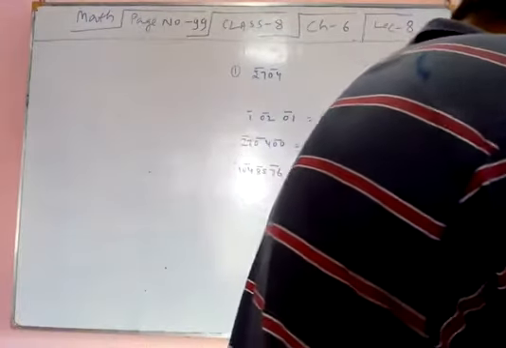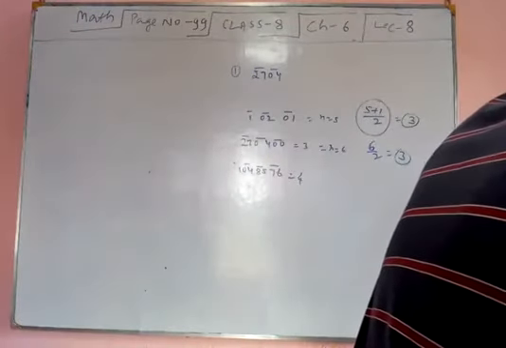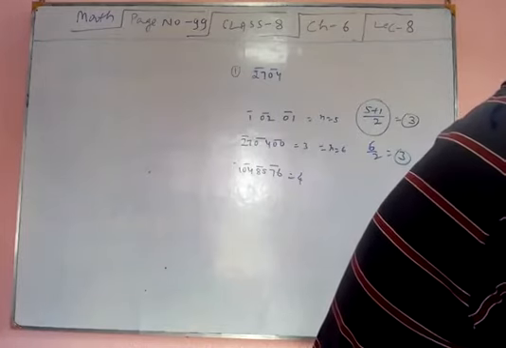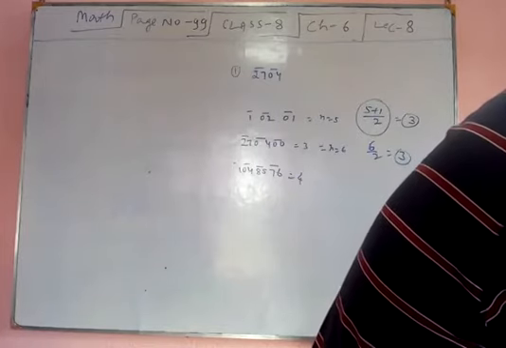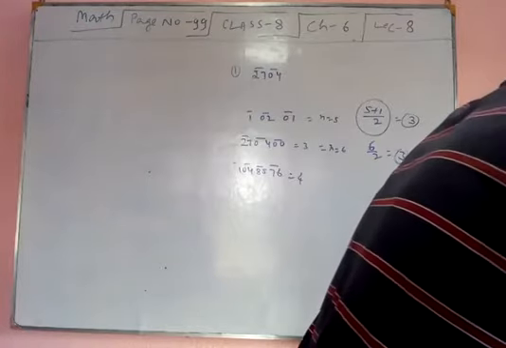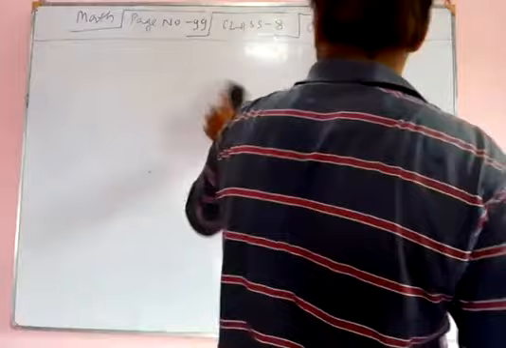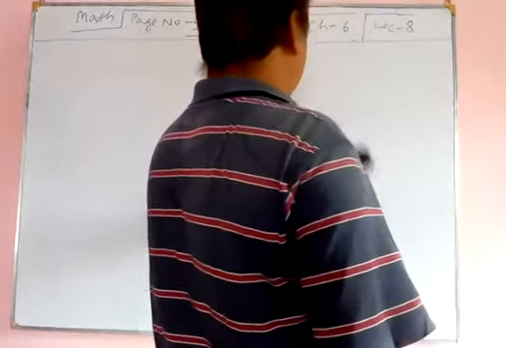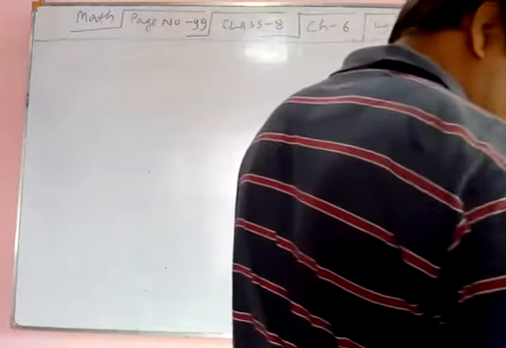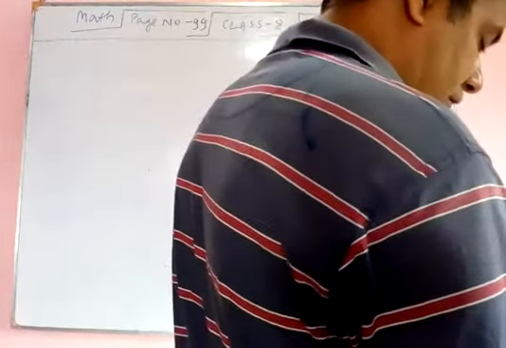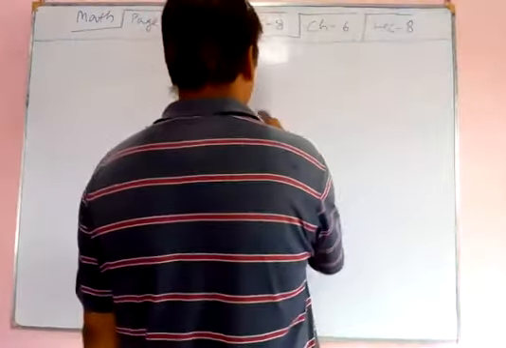Now let us learn the method to find the square root of a given number using the long division method. Let us explain the procedure to be followed by finding the square root of 20736. Here the number of bars is equal to 3.